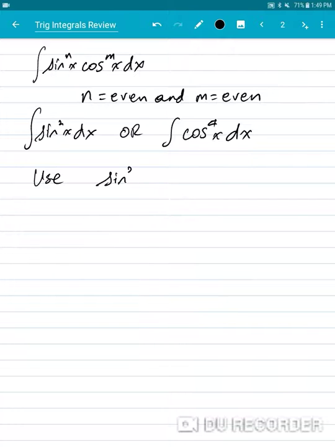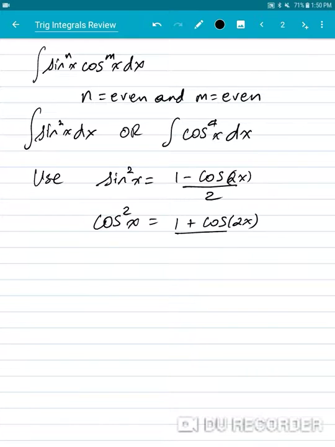Sine squared x is 1 minus cos 2x over 2, and cosine squared x is 1 plus cosine of 2x over 2. That way the power reduces to a power of 1 in cosine in this case.